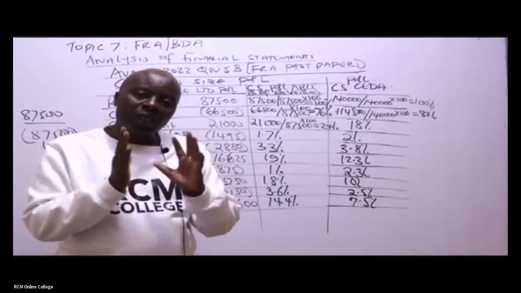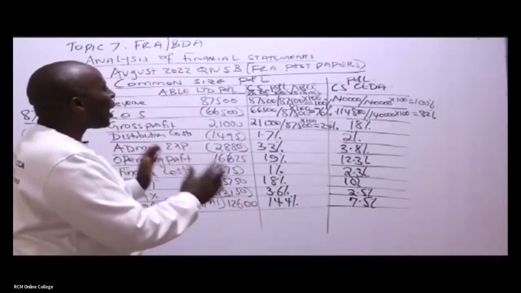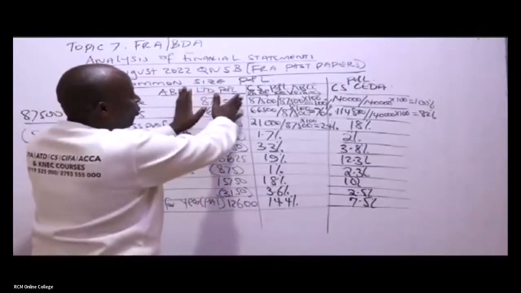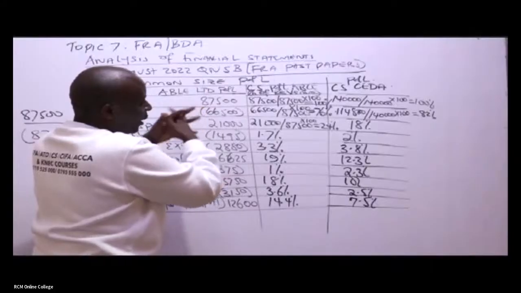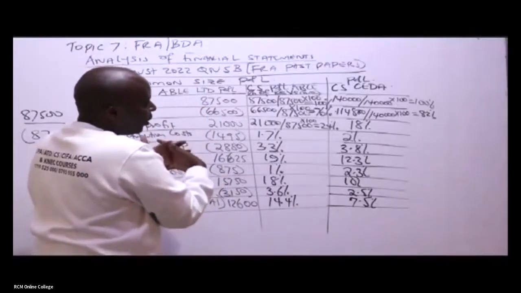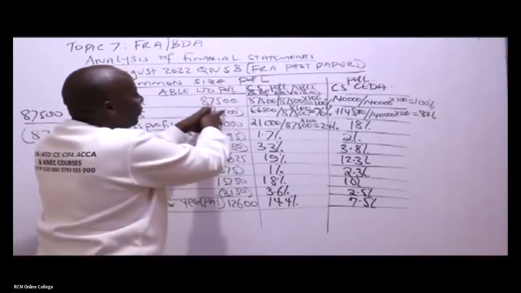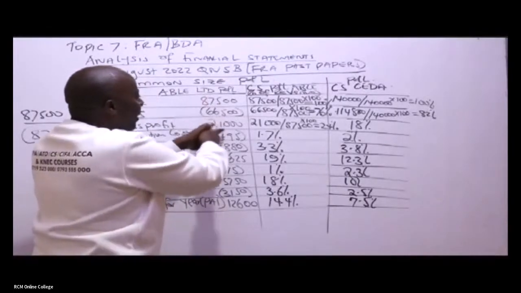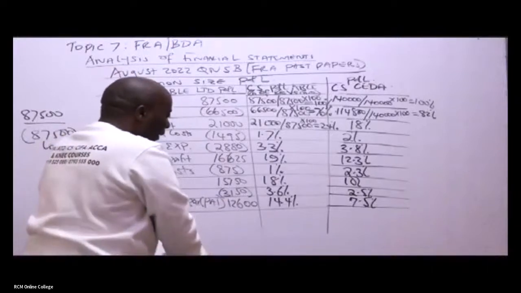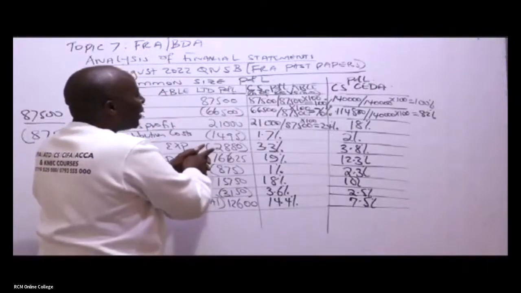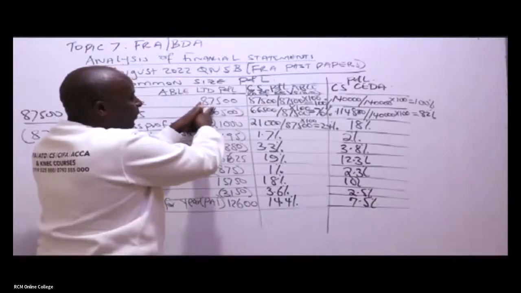So basically what you shall do, ladies and gentlemen, is to come to your revenue, for example, for the first company called Able. Able's revenue is 87,500. All the numbers given in the P&L will be divided by the revenue figure. So that's what we did.